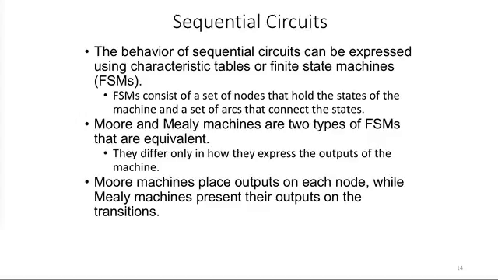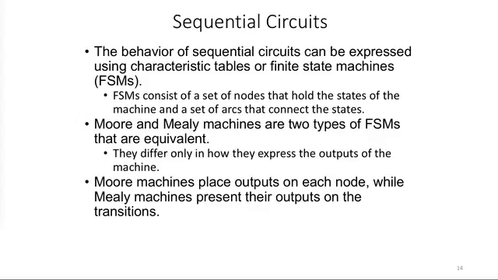There are two main types of state machine, the Moore and Mealy machines. They are basically equivalent. The only difference is the way they express the output of the machine. Specifically, the Moore machine places the output on each of the nodes, while the Mealy machine presents the output on the transitions, or the edges connecting the nodes.